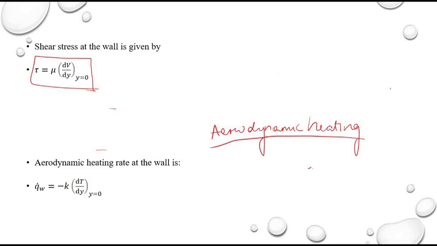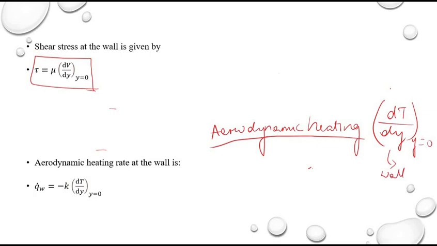Before we understand what aerodynamic heating is, consider a temperature gradient dT by dy at y equal to 0, which means this is my temperature gradient at the wall.